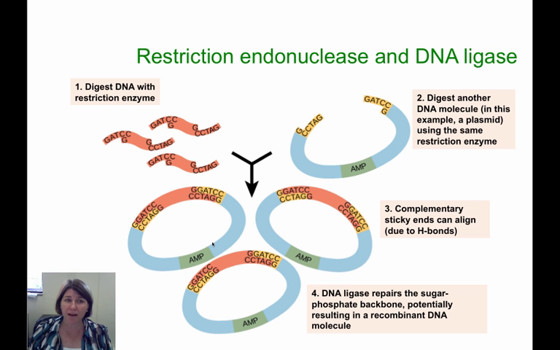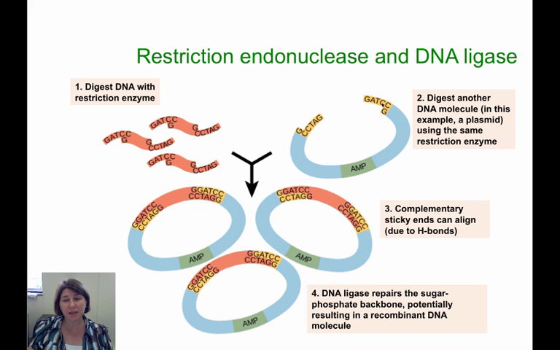So we've talked about now how to cut pieces of DNA using restriction enzymes. Here we're showing that we've digested this DNA in orange with a restriction enzyme, which leaves this overhang here, CTAG. If we digest a second molecule with the same recognition sequence in it, with the same restriction enzyme, then we will get these overhangs shown here in yellow of GATC.